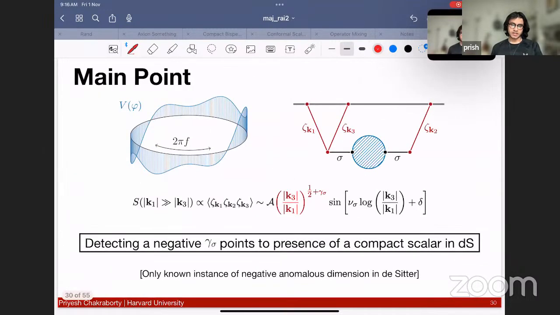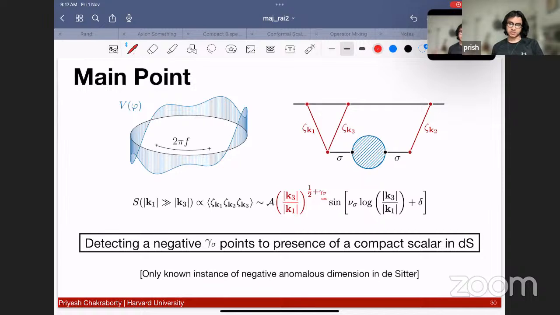And this is the main point. Currently, there's just no other way we know to generate a negative anomalous dimension. So tomorrow, if people finally release MegaMapper or something, and people look for this cosmological collider signal, look for the decay width, and find a negative value for this anomalous dimension, currently the only explanation could be an axion in the early universe.